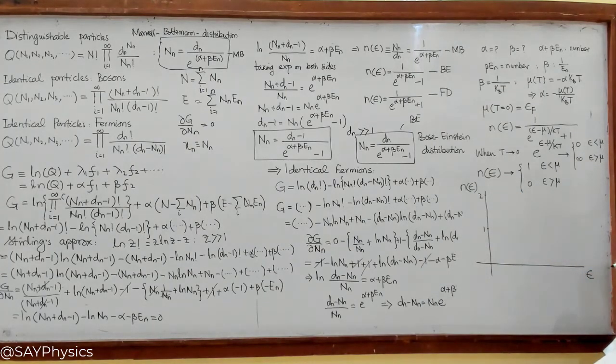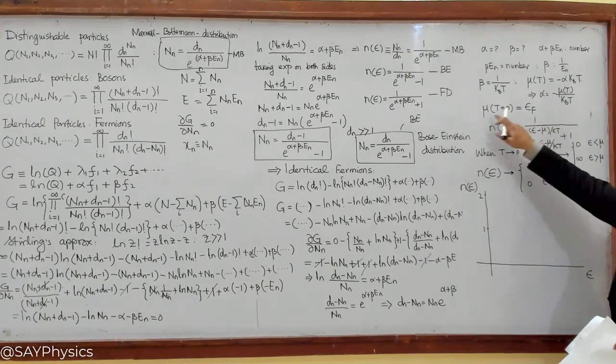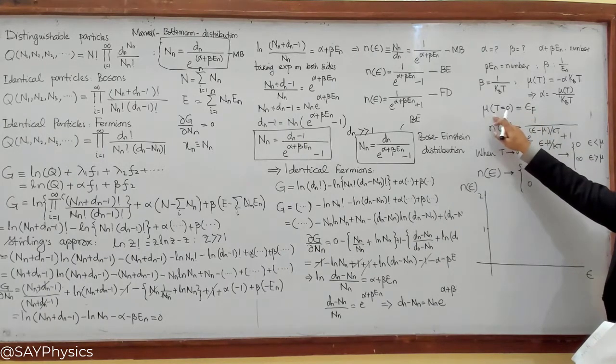And now look at this distribution. When E is equal to mu, what is that situation? When E and mu are the same, then that is the Fermi level situation.